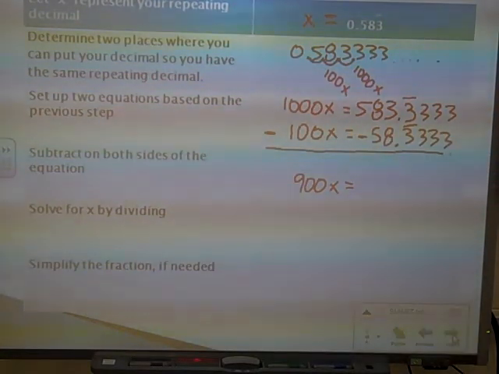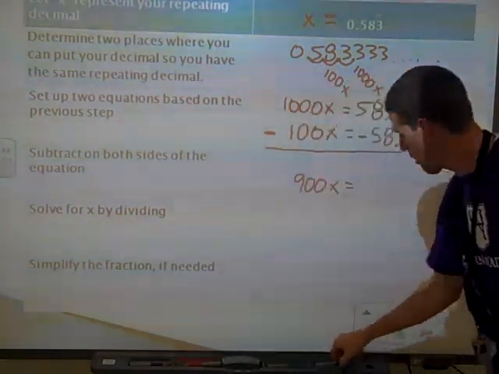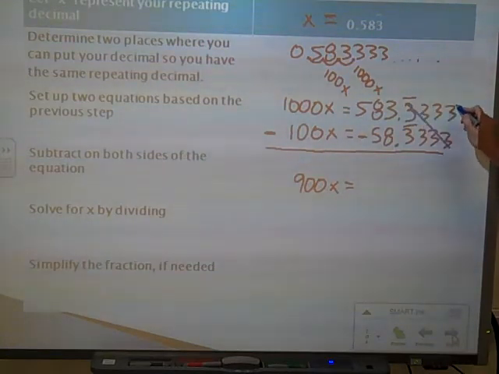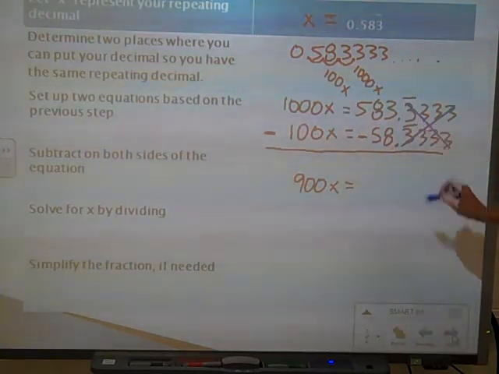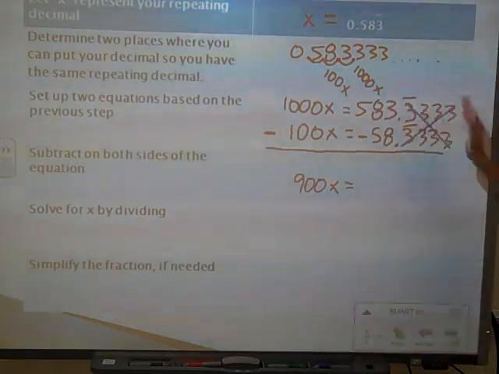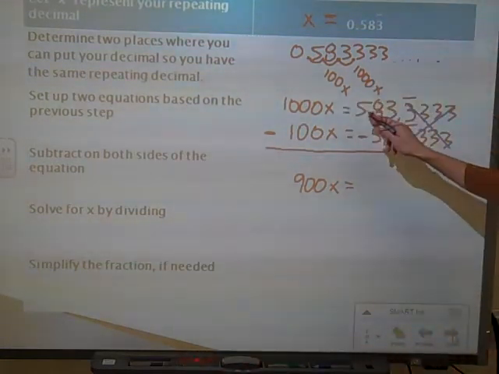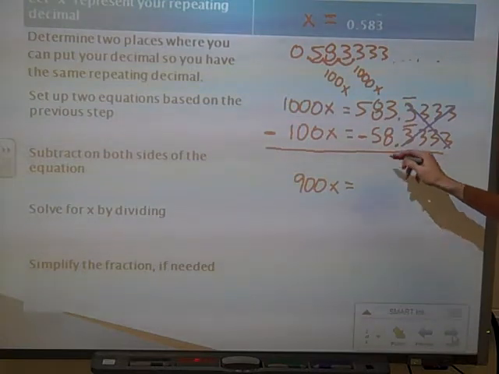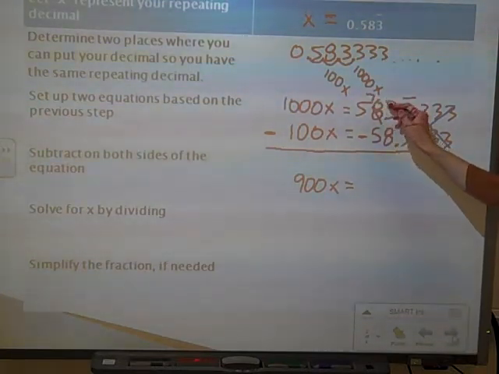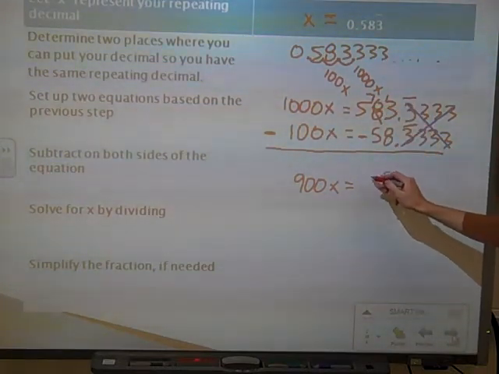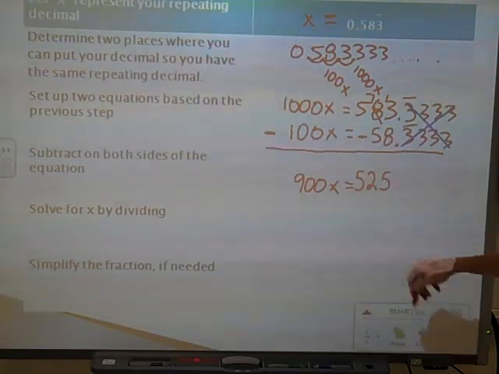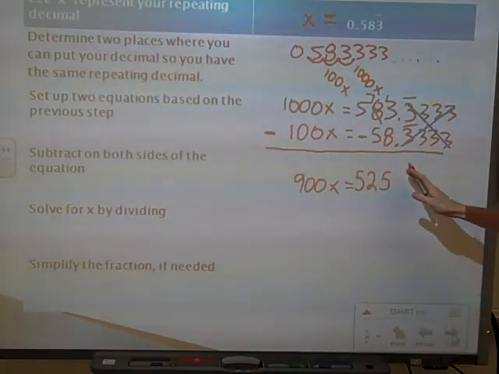They're always going to cancel each other out. So now I can cancel out what's on this side of it. Okay, that's getting rid of my repetition. So I go ahead and continue with 583 minus 58. I have to borrow. And I get 525. I no longer have anything after my decimal.